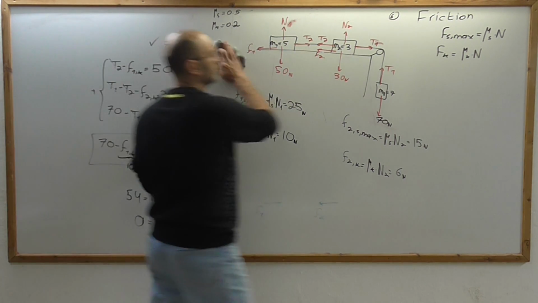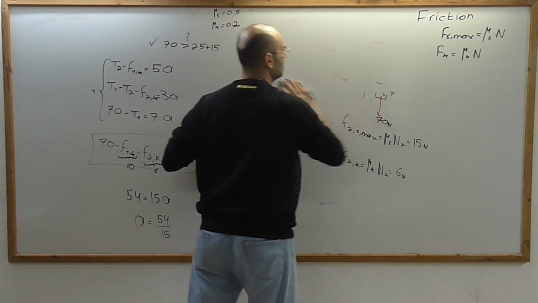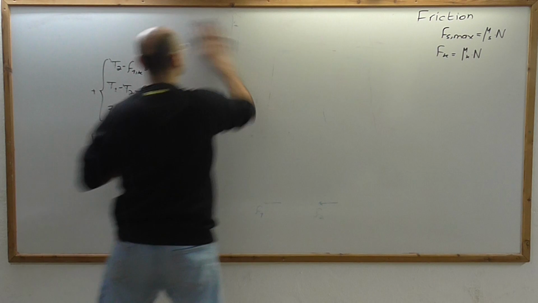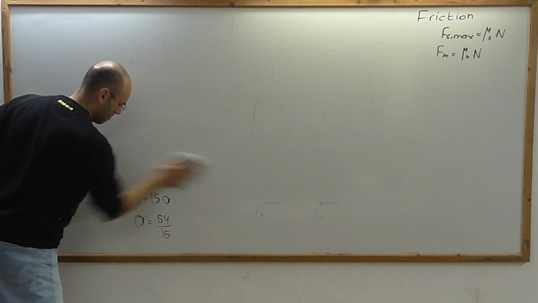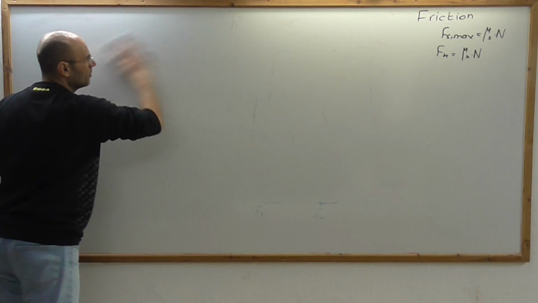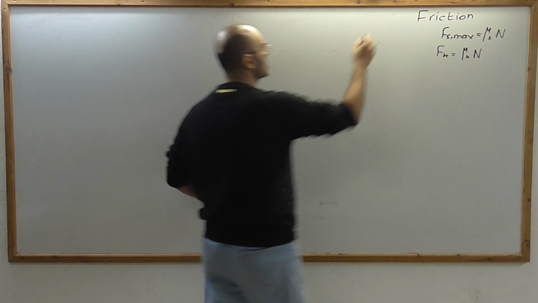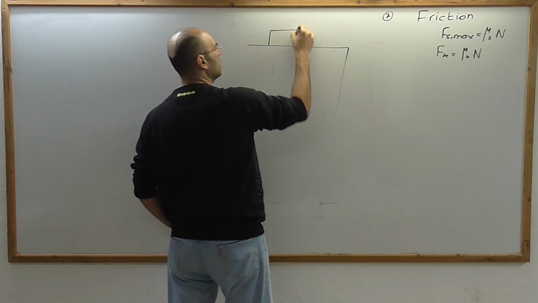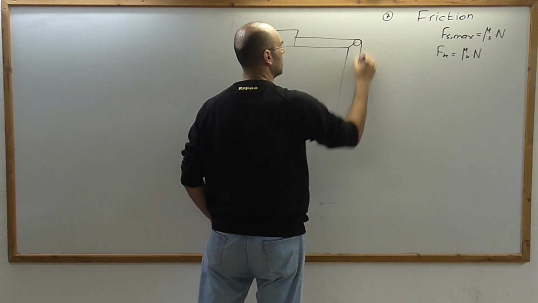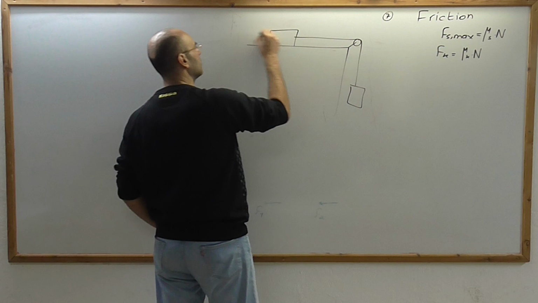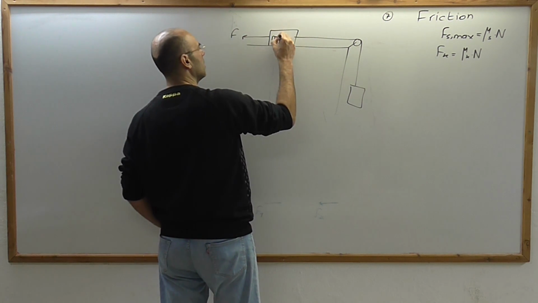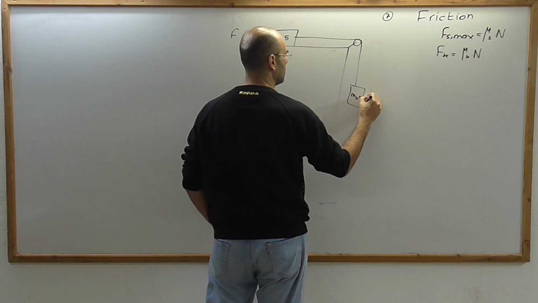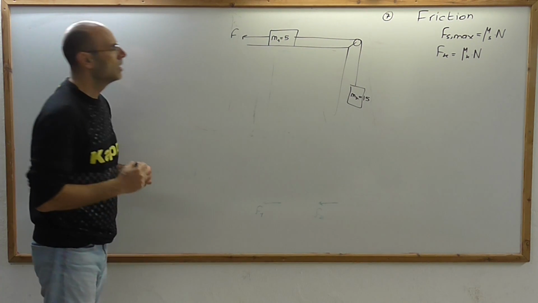Okay, one more. M1 equals 5, M2 equals 15 kilograms.